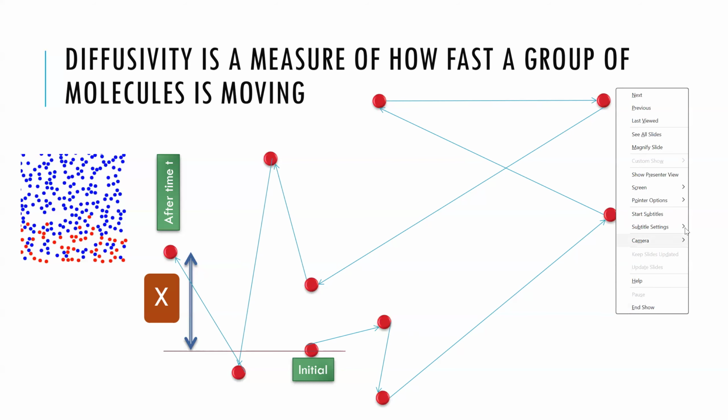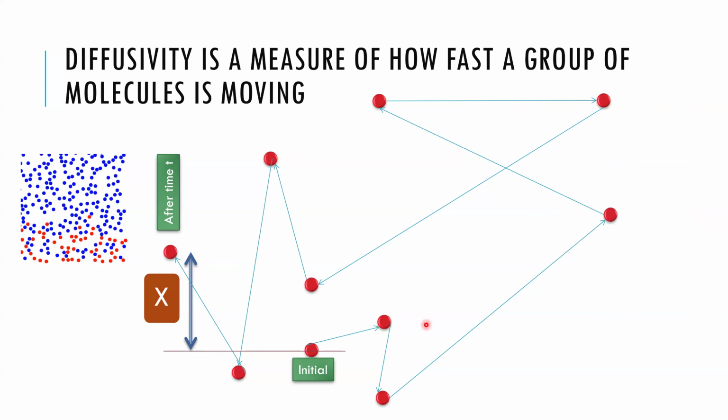So let me again get the pointer. It goes from here, bounces to here. And then this time it got some empty path, so it could go quite a bit until it again hits another one, and then gets bounced this way, hits another one, bounces this way, hits this one, comes this way, bounces there, and then again moves this way, bounces, and after some time t, let's say it's here.